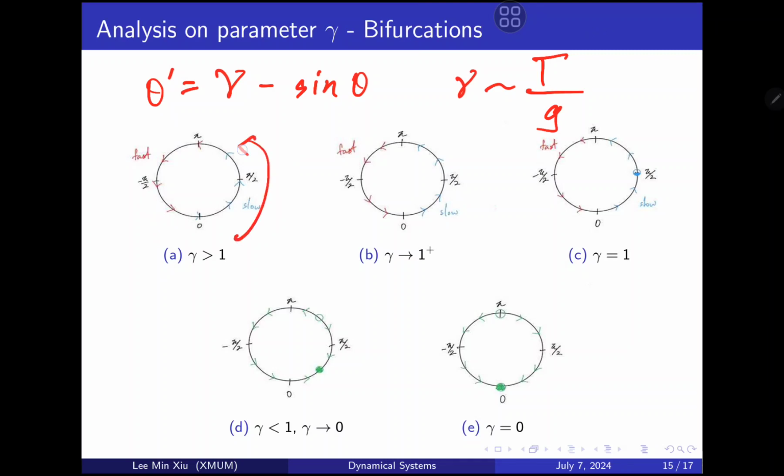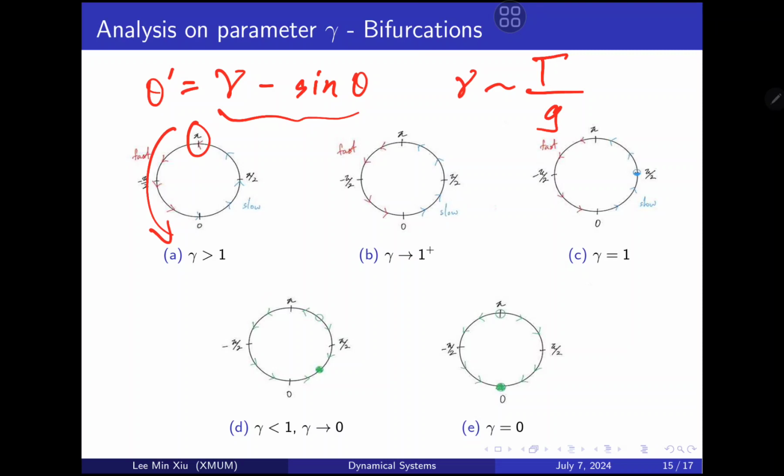It will be slower in this part because of our equation here. When theta is from 0 to pi, sine theta is positive. Basically this pi here, we are pasting minus pi and pi together, in a sense. So from this part instead, you can think of it as minus pi to 0.